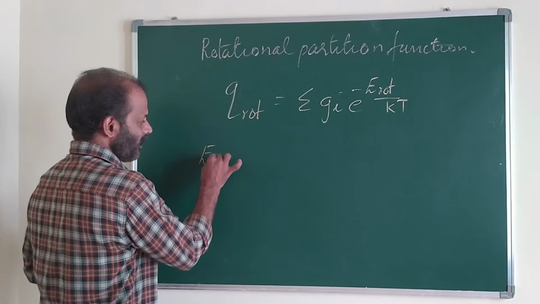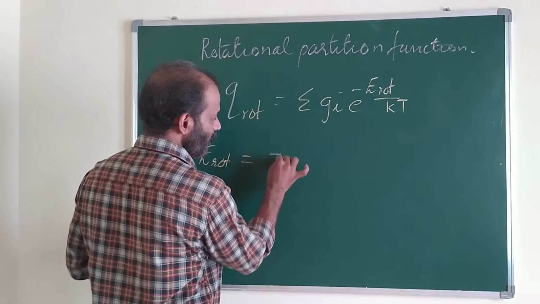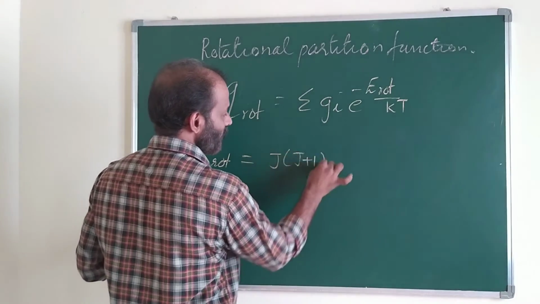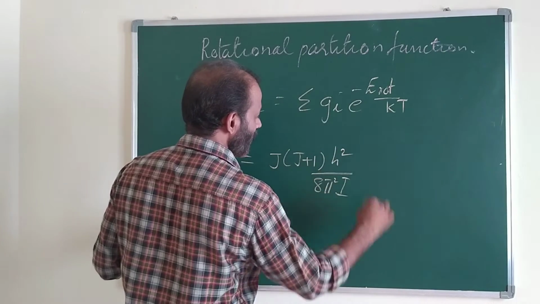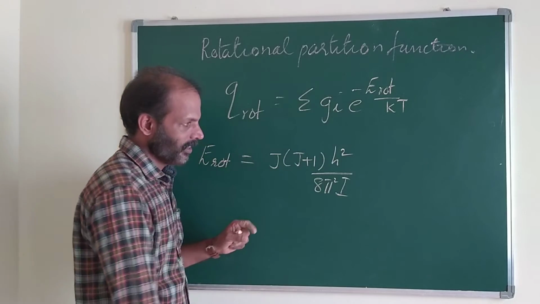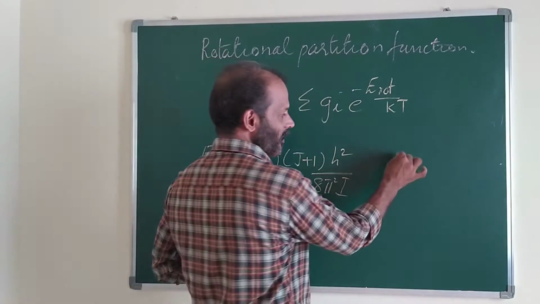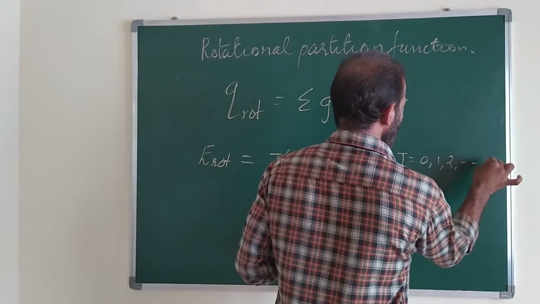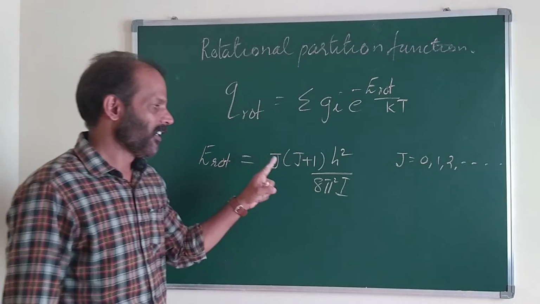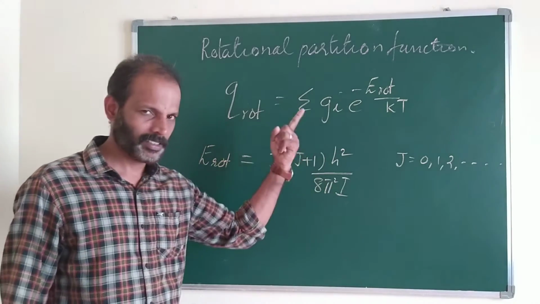Then the rotational energy of a molecule is equal to J into J plus 1 h square by 8 pi square I, where J is the rotational quantum number having values J equal to 0, 1, 2, etc. I is the moment of inertia, and h is Planck's constant.